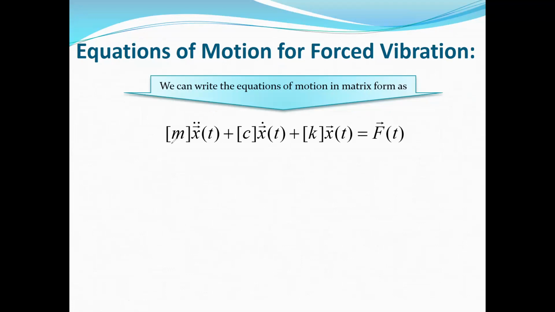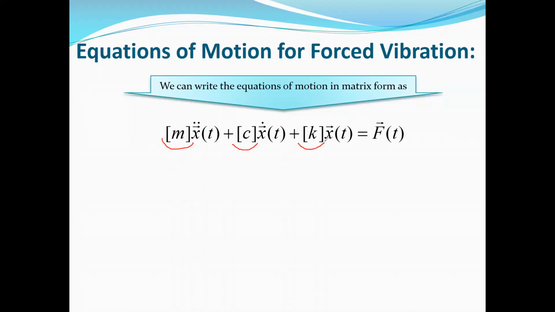If you compare this with the equation of motion for a SDOF system, you will see instead of the mass m, we have the mass matrix M. Instead of the damping constant, we have the matrix of damping constants.